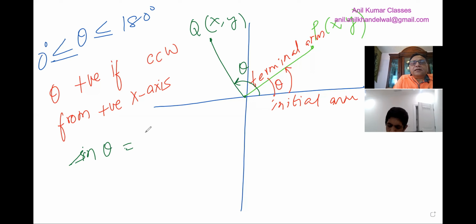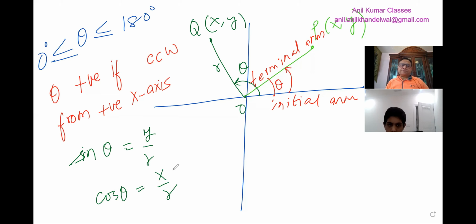We know sine theta, let us say the distance is r away from 0. So sine theta is y over r, correct? And cos theta is x over r, correct? In general, that is true.